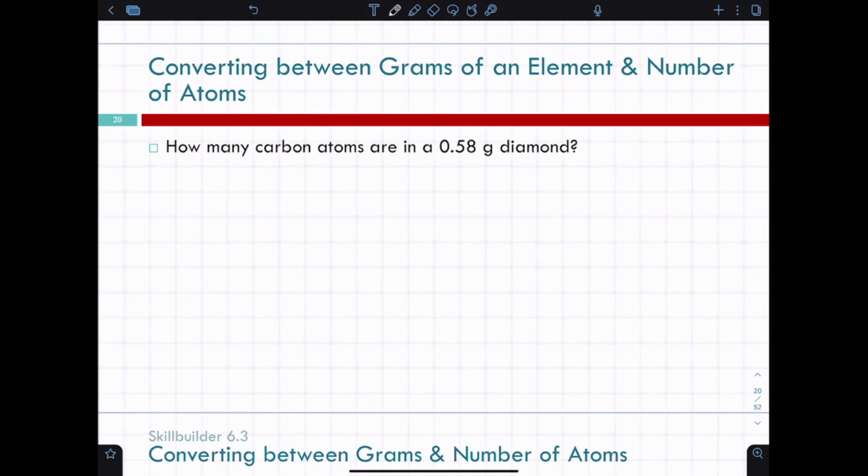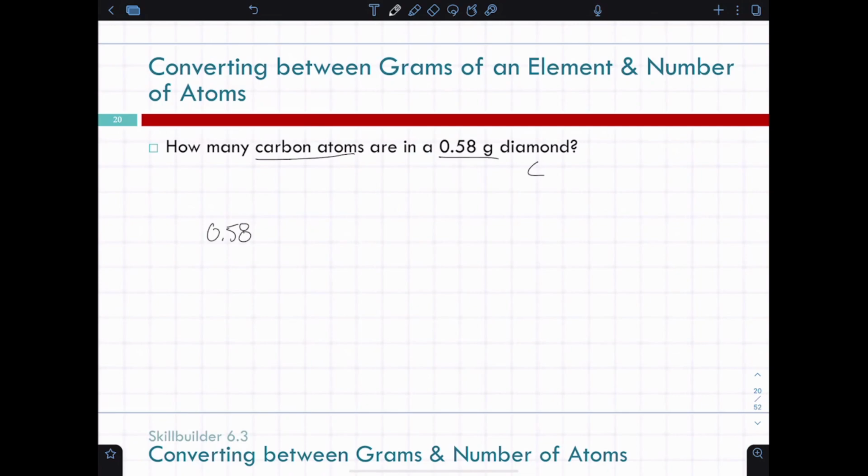So how many carbon atoms are in 0.58 grams of diamond? The one piece of information here that you need to know is that diamonds are made out of carbon. They're just a very special form of carbon. So we want to get to carbon atoms, or atoms of carbon, and we're starting out with 0.58 grams.